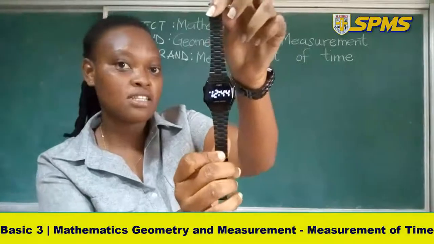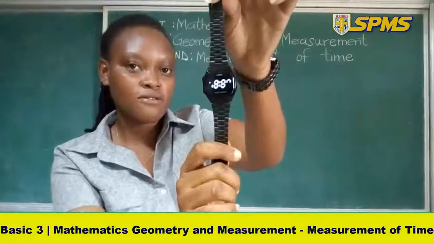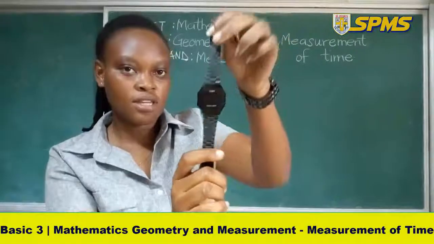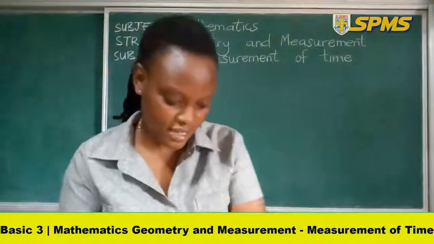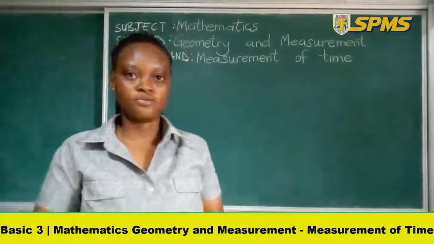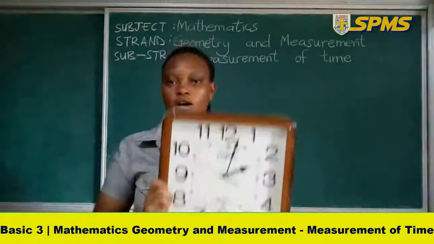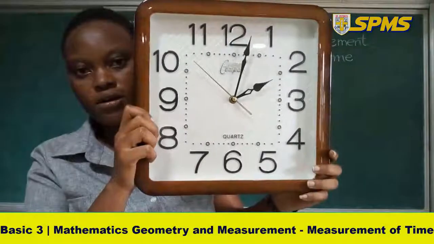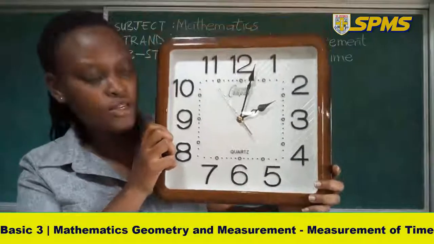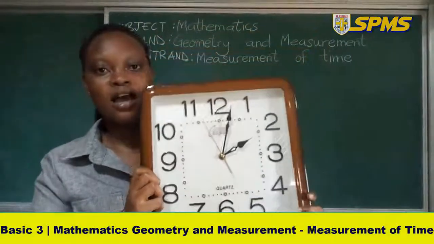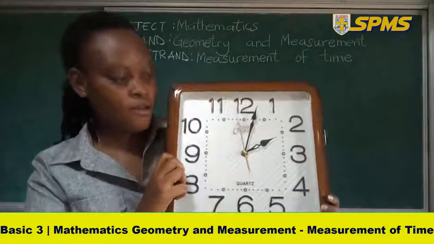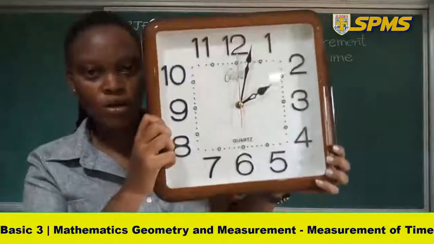You can easily mention the numbers or the figures you see there. That is a digital watch. But today we'll focus on the analog clock. We'll look at the units and then how to tell time from the analog clock.